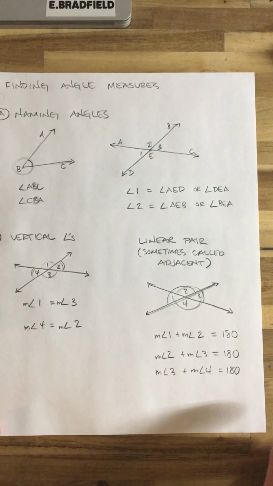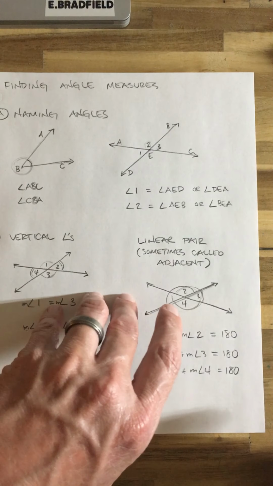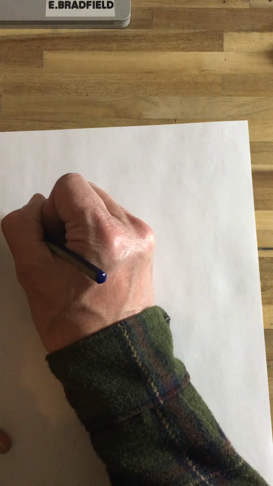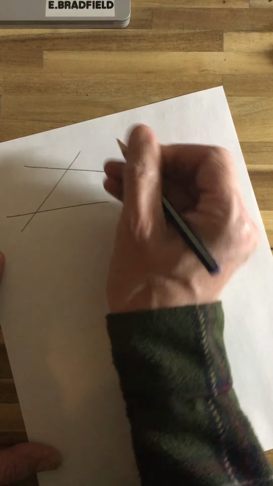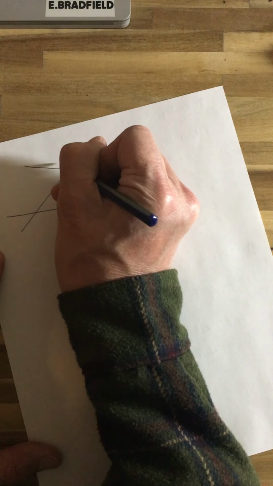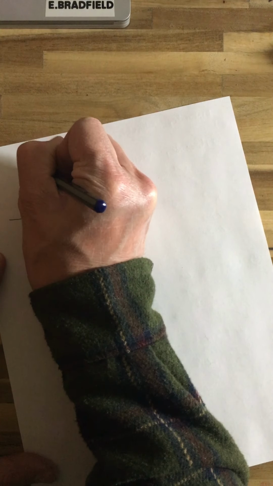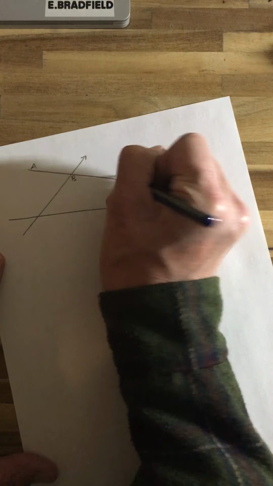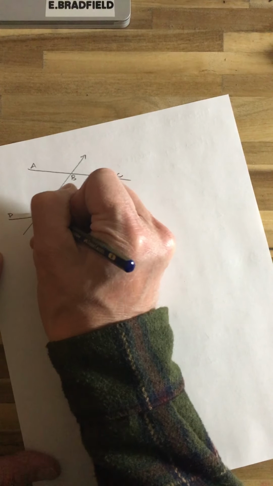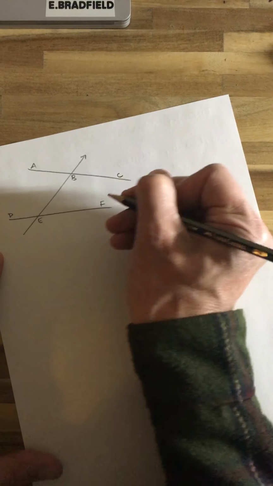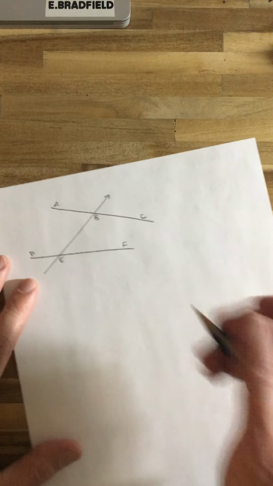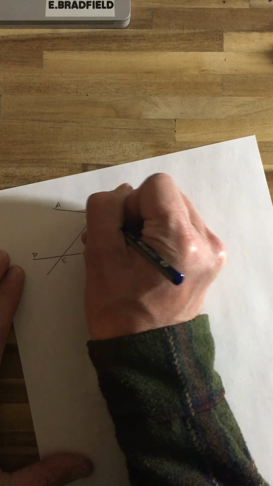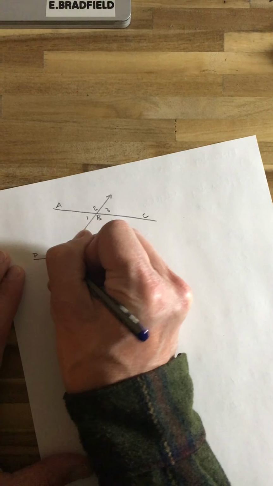All right, so let's see if you guys can answer some questions really quick. What if I give you something like this? A, B, C, D, E, F, and 1, 2, 3, 4, 5, 6.